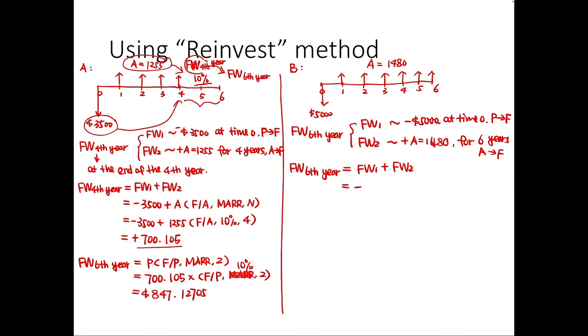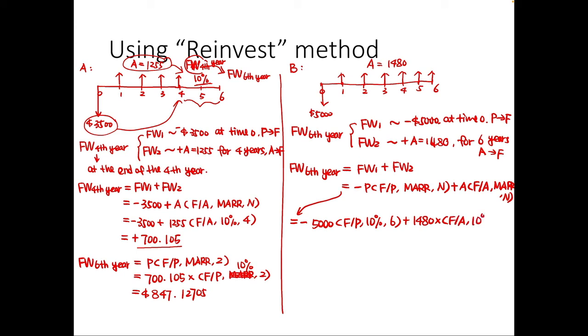FW1 is negative, and because it's to convert P to the future, the formula is P times F/P, MARR, N. And FW2 is a positive annuity, so it's A times F/A, MARR, N. So I'll just write it here: negative 5,000 F/P 10%, 6, plus 1480, that's the annuity, times F/A 10%, 6.